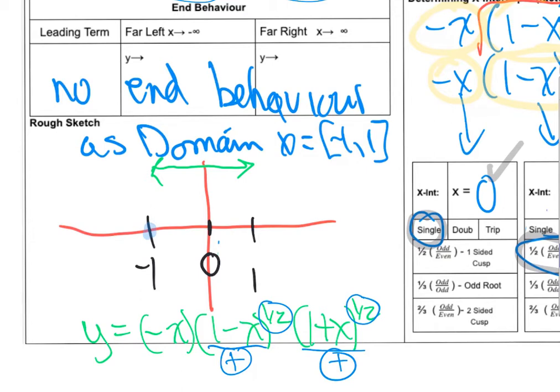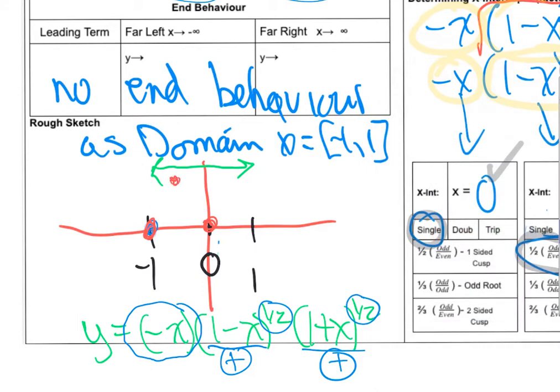So the only thing that can cause a change in the sign from negative y values to positive y values is the negative x. So if I'm in between -1 and 0, that means that this x is negative. What's a negative multiplied by a negative? That's a positive. So the graph between -1 and 0 is positive.